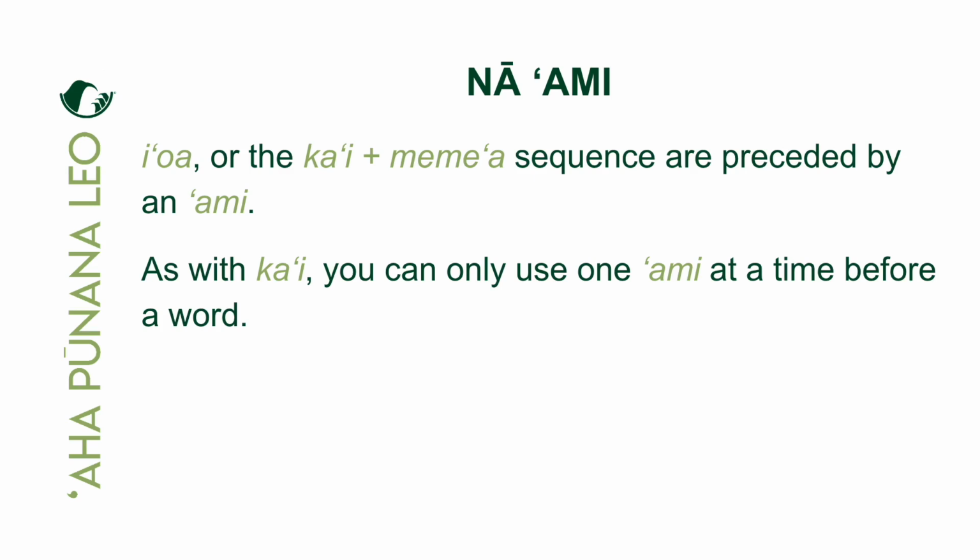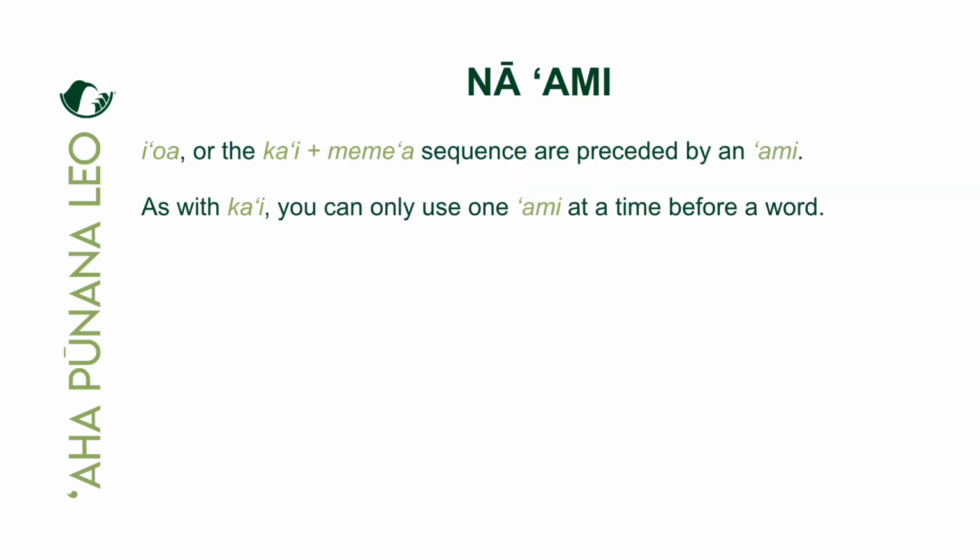So you wouldn't have a double kaʻi and you would not have a double ʻami. So ʻami are what precede an ʻoa or a kaʻimemea sequence and can only be used one at a time. Now just to clarify that first statement, the fact that it's used before an ʻoa or a kaʻimemea sequence.